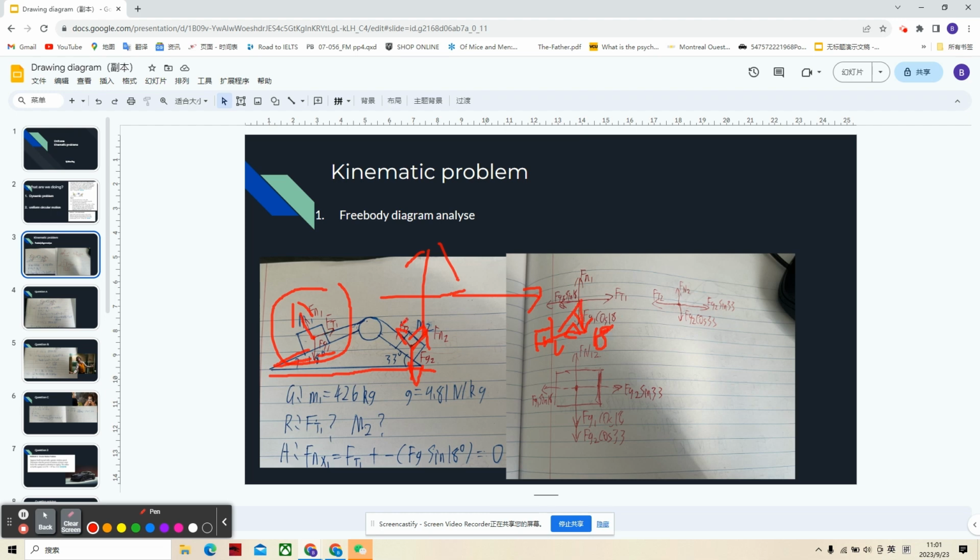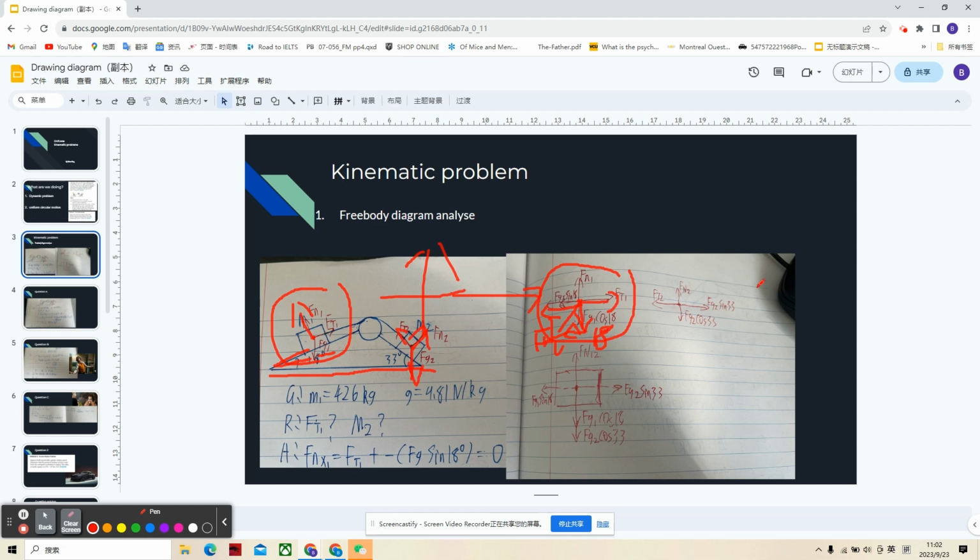In that case, the free body diagram can be analyzed more easily. We have the normal force pointing up, and the force of gravity y component, FG1 cosine 18, pointing downward. On the left side it only has the force of gravity x component, FG1 sine 18, and to the right it's only the force of tension.